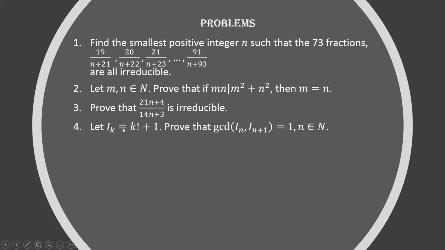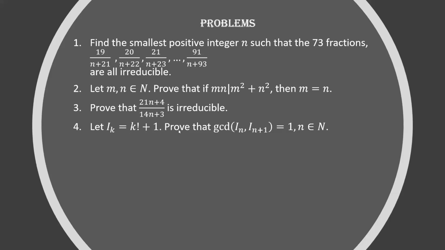In the fourth problem, you may think it is confusing, but it is not. I have intentionally used terms like this I_k just to confuse you; instead of k I could have used sigma, or alpha and beta. I just wanted to confuse you in the fourth problem. I_k equal to k factorial plus 1 is nothing.